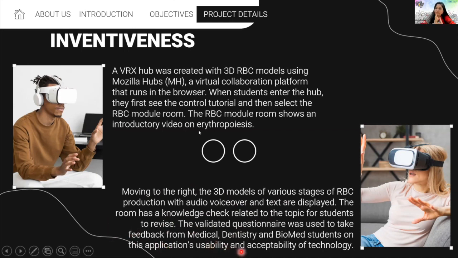So both ways they can hear and also see. We also used the validated questionnaire and took feedback from biomed, dentistry, medical, and other students, and a total of 57 students participated in the feedback.